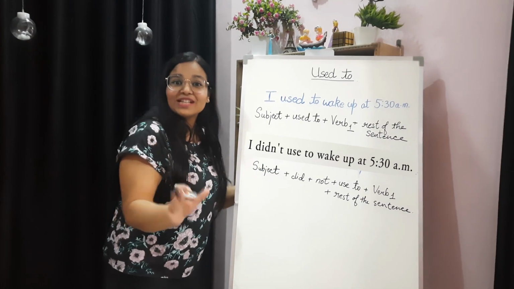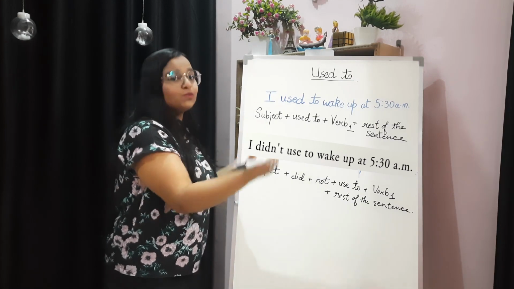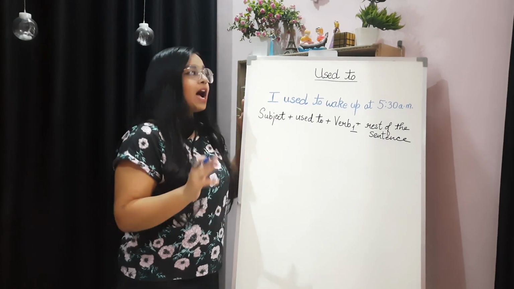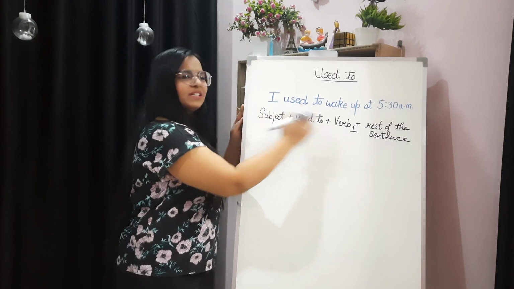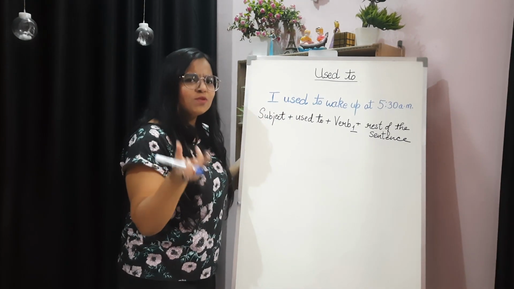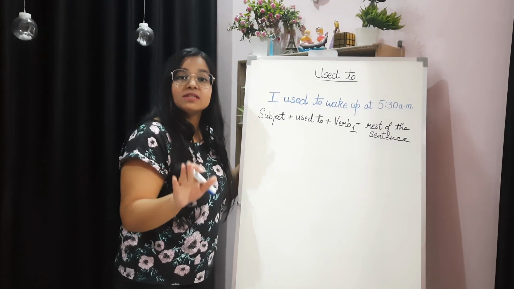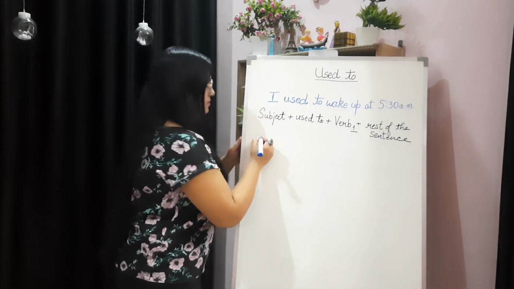Now, let's look at the question form of this sentence. How to form a question with used to. So, how can I convert this sentence into a question? From which word should I begin my sentence? It's very simple. We begin a question with the auxiliary verb did.